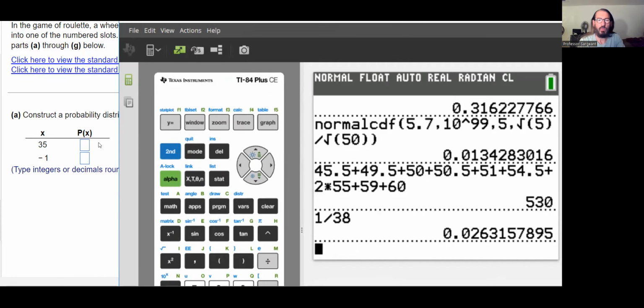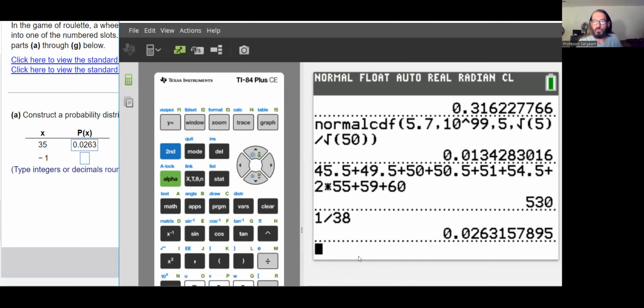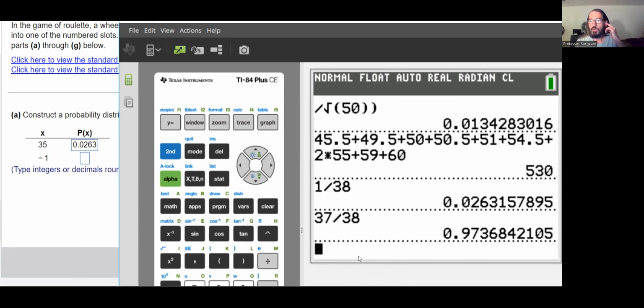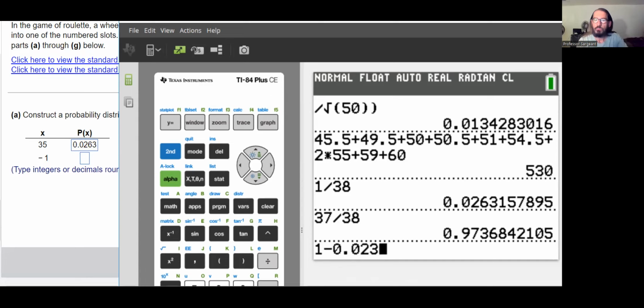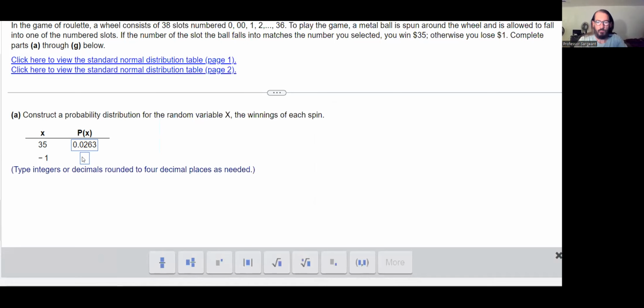So 0.0263, and the other should just be a matter of 1 minus that answer. Let's double check that. 1 minus 0.0263. Okay, 37 over 38 when rounding to 4 places would round to the same place. 0.9737.